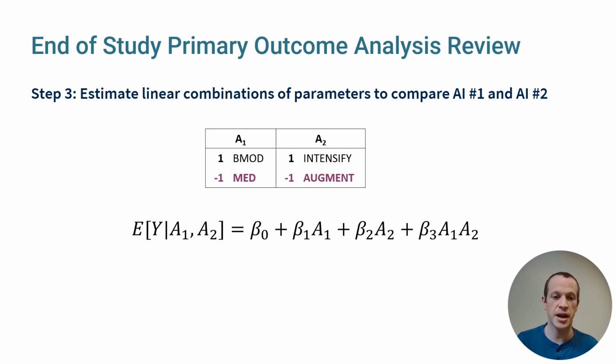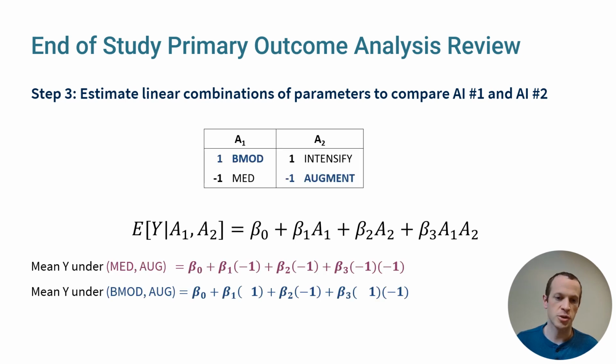So we plug in -1 for A1. And then in the second stage, they were assigned to -1 again, which is augment. We can just plug those values in, and then we do the same for AI2, the only difference being the first stage intervention is different. So for that one, we plug in A1 equals +1.